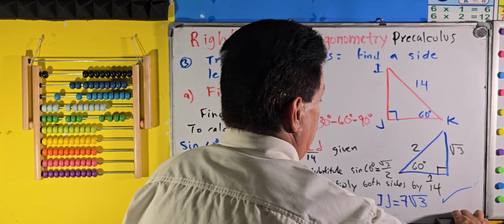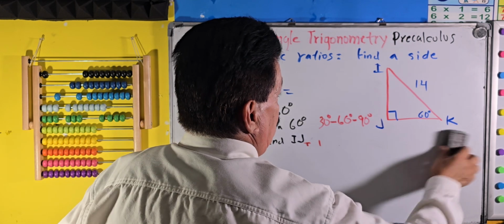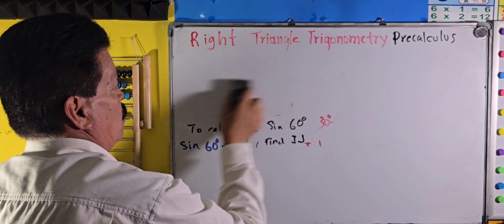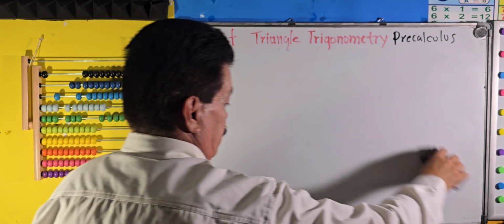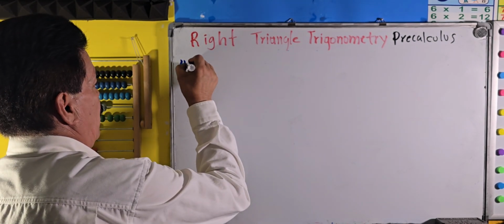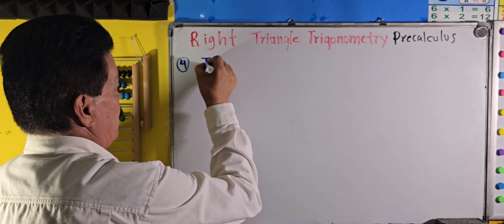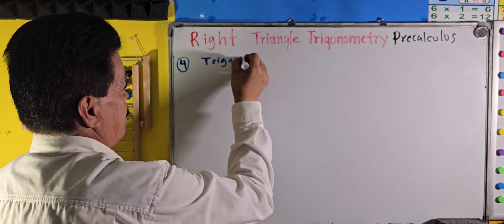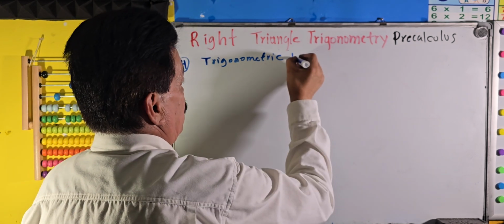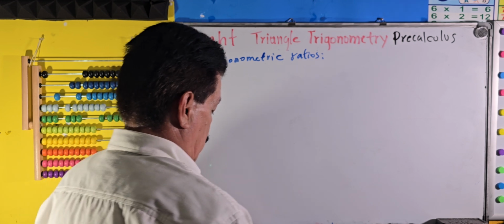That was our solution to that problem, right? Okay, perfect. Let's go to the next section, the last section about the right triangle and trigonometry. This is the fourth section. It's called trigonometric ratios.